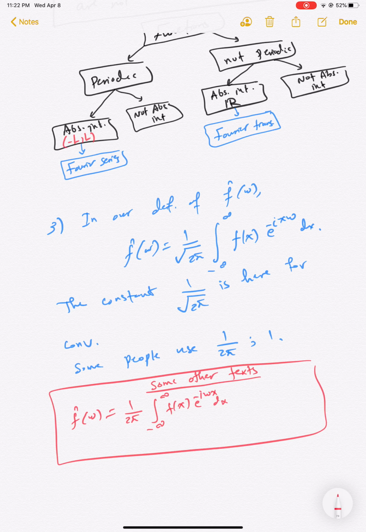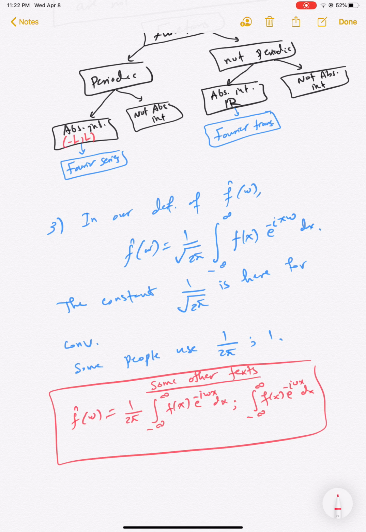That's very normal. And you will see, in fact, just the integral from negative infinity to infinity of f of x e to the minus i w x dx. This is very normal, and I'm sure, at least communication engineering students will see one of those two definitions. Now, what is the difference between one definition and another?